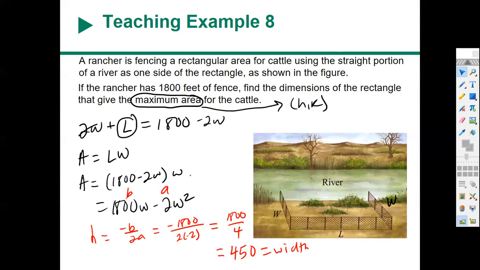So if our width is 450, then what would our length have to be? 900. So width is 450, therefore length equals 900. And we now found the actual length. Okay. All right, that's our real world problem for here.